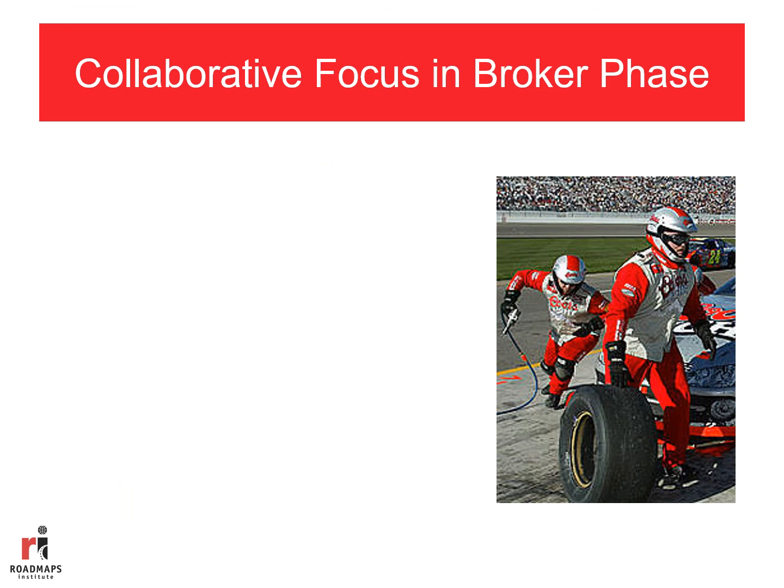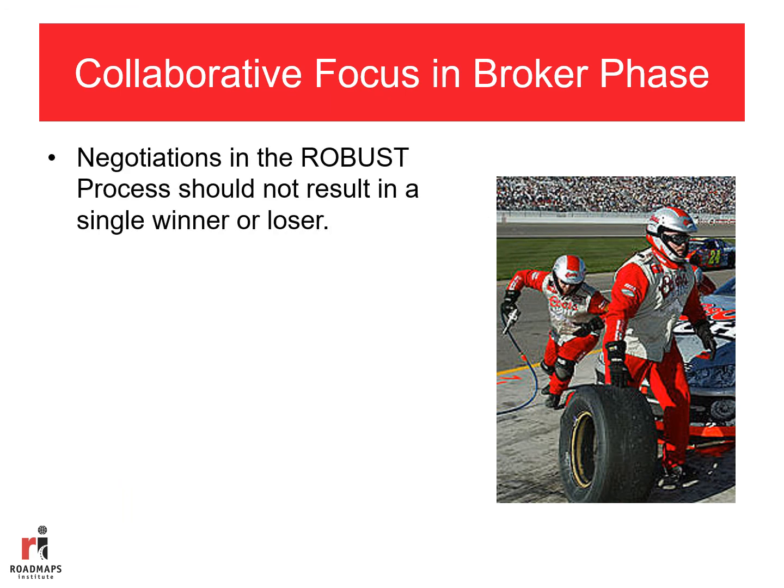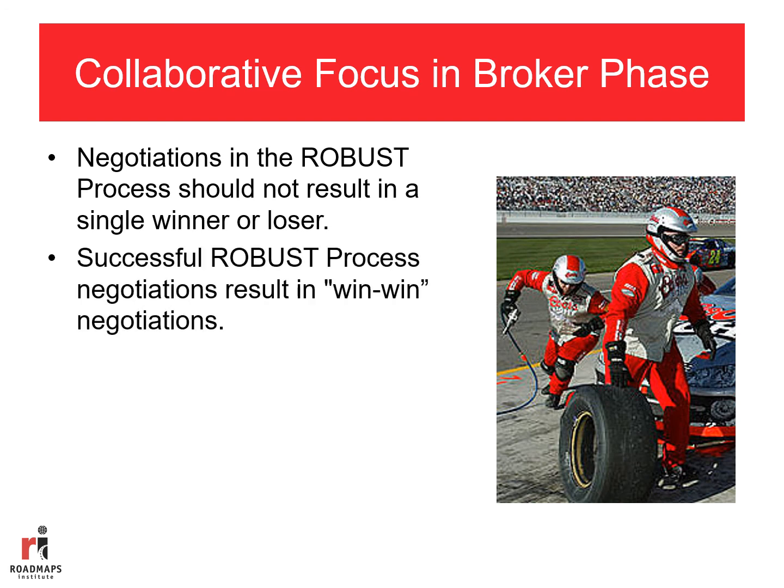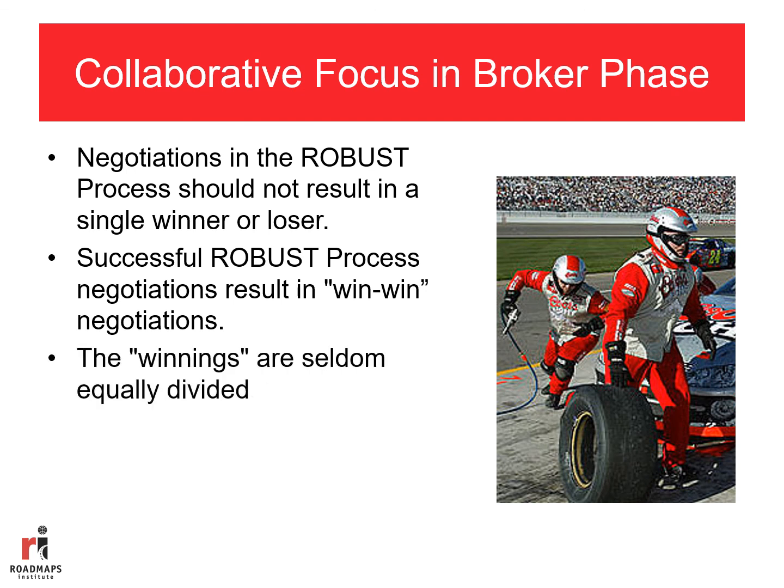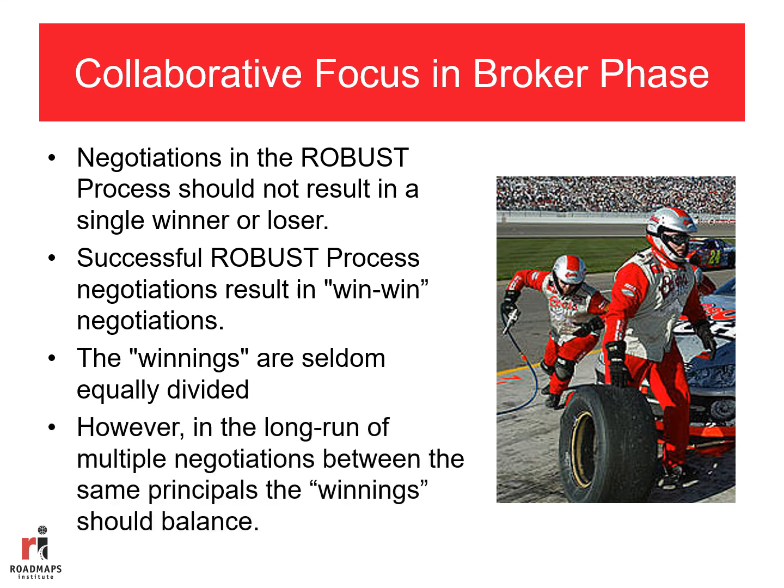Let's talk a little bit about the idea of the collaborative focus in the broker phase. Negotiations in the robust process should not result in a single winner or loser. Successful robust process negotiations result in win-win negotiations. And these winnings are seldom equally divided, so don't get hung up on this idea of 50-50, even though this is the way we would like the negotiations to result in the long run between the same principals.